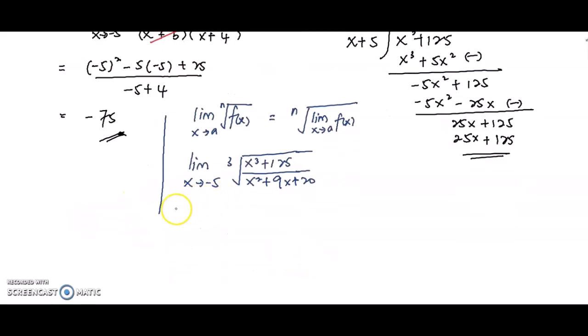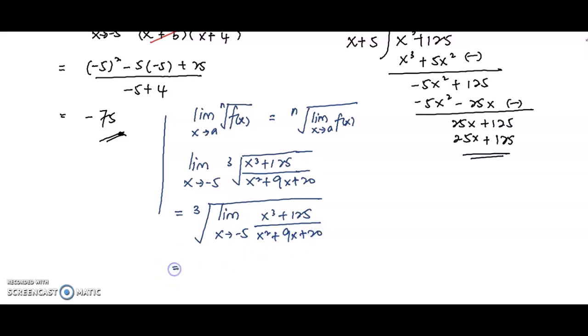Alright, so now I apply this property. I bring out this cube root, and then all the limit I put inside. I got x cubed plus 125 over x squared plus 9x plus 20.